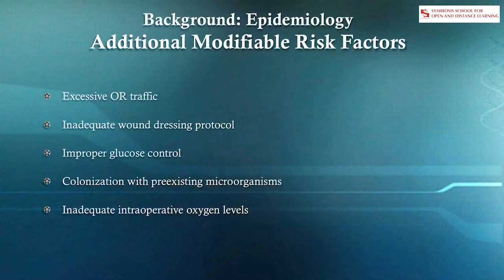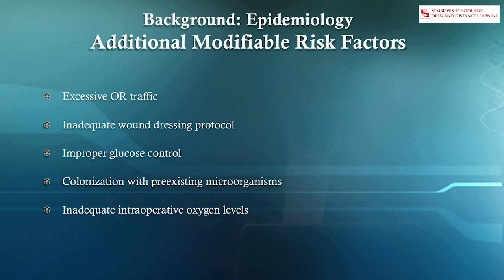Inadequate wound dressing protocol. So any junior doctor coming and doing some procedure without washing his or her hands, or faulty techniques, can increase the risk of SSI. Improper glucose control is one of the important things. HbA1c less than 7 has been shown to reduce the chances of SSI in one of the studies done in implant related orthopedic surgeries.